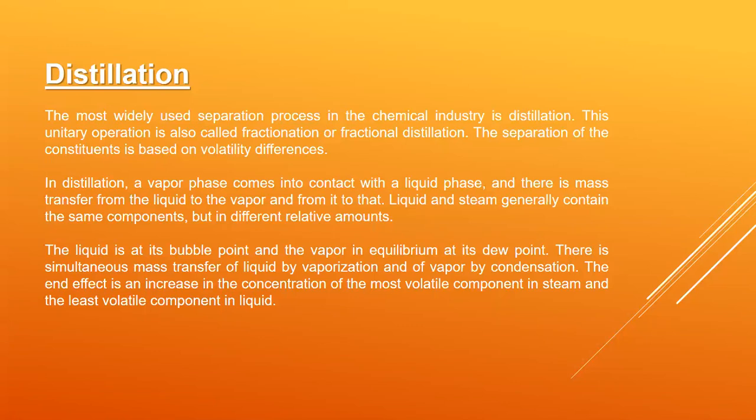So while the vapor is being condensed in the condenser, an auxiliary equipment for your column, your liquid is being vaporized in the still, or we call it the distilling column. The end effect is an increase in the concentration of the most volatile component in the vapor, or in the steam, and the least volatile component in the liquid. You will know the terms related to this later on in the topic of distillation.